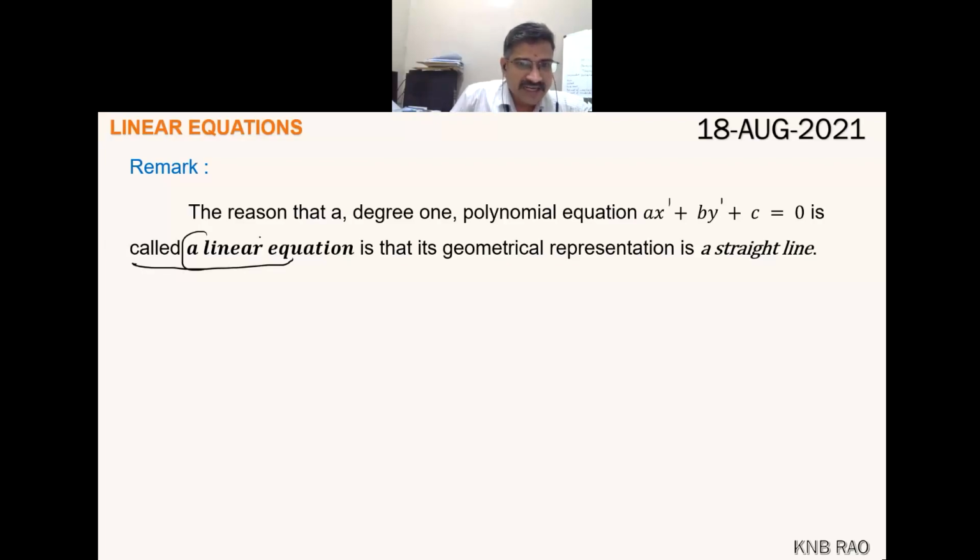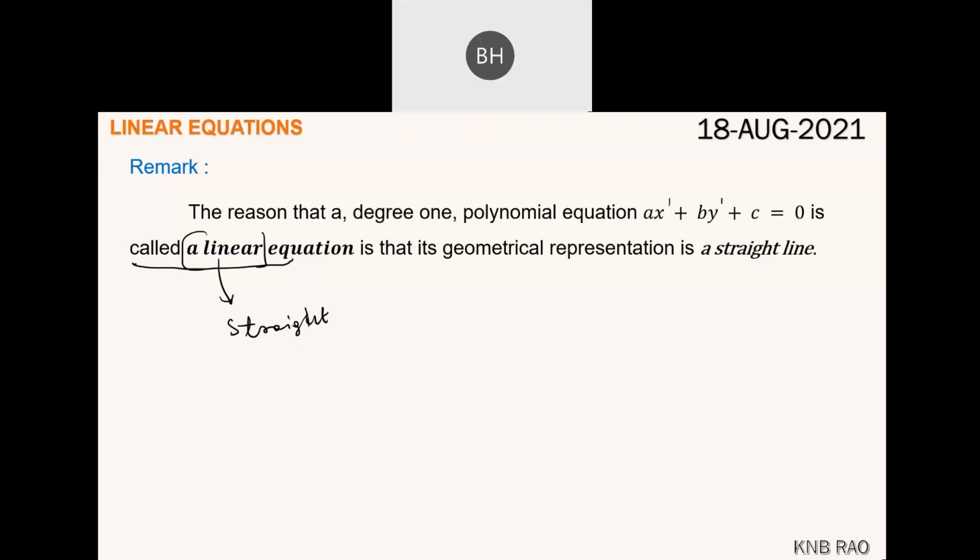Why linear? Do you know the meaning of linear? Straight line. Yes. See, watch the word line.